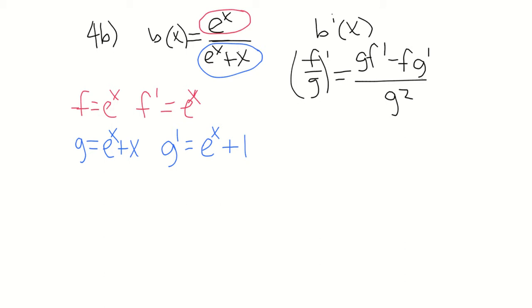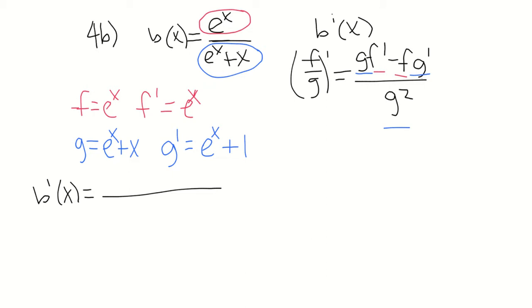Okay, and then we want to plug those parts into the quotient rule. So we're going to plug in g and g prime and g squared here, and then f prime and f here.